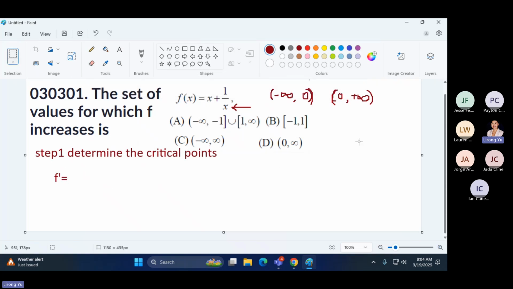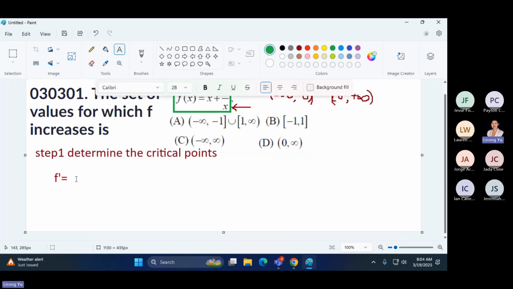Now, to determine the derivative, we have to look at the original function. f of x is x plus 1 over x. So we're going to find the derivative one by one. The x has a derivative of 1. And then, other than that, we have 1 over x. 1 over x is x to the negative 1 power, right?